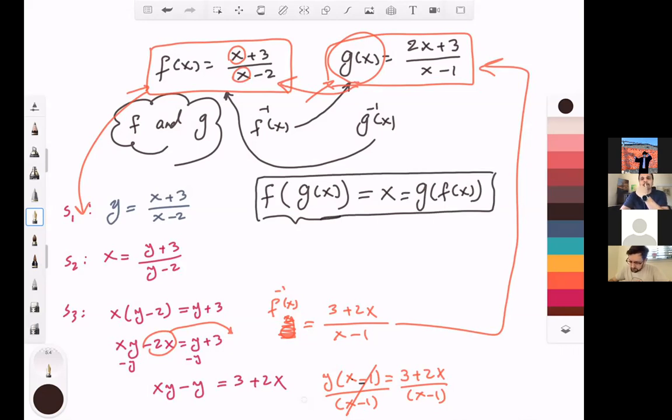Is that too much? Yeah. But you have this in your note sheet. If there's a question, they ask you to verify that these two are inverses of each other, we do this. But how do we do that? Let's see how difficult that is.